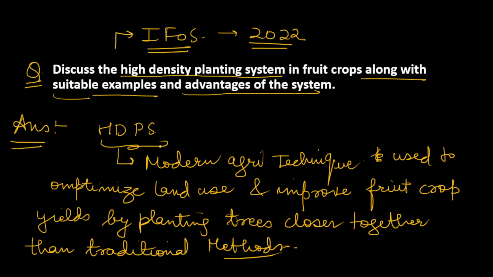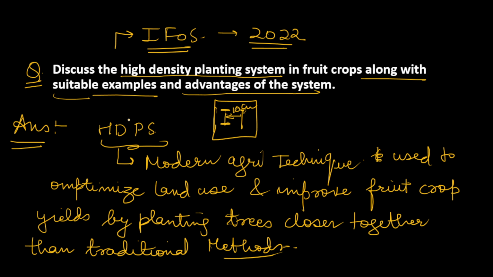Now you can understand what high density planting system is. Suppose this is our land, and traditionally we are planting fruit crops, and suppose traditionally we have kept the space of 10 into 10 meter.